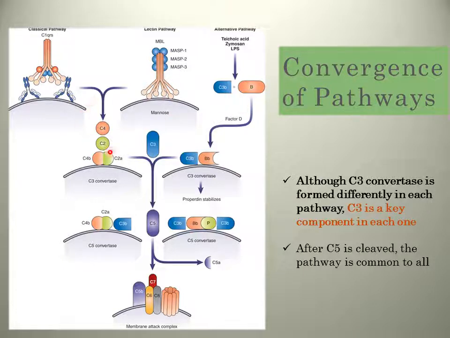Now, they take some different steps and take some different things to get them started, but the key thing is we need that C3. That's kind of the linchpin in the whole thing. And once we have C3 convertase, then we can make C5 convertase. And once C5 is cleaved, then we all go towards the membrane attack complex.